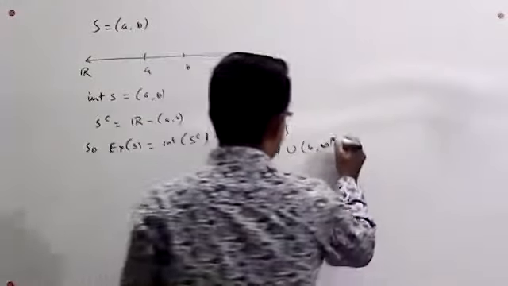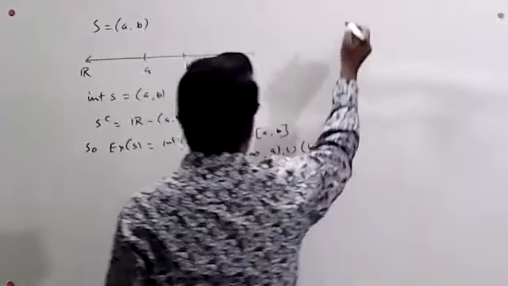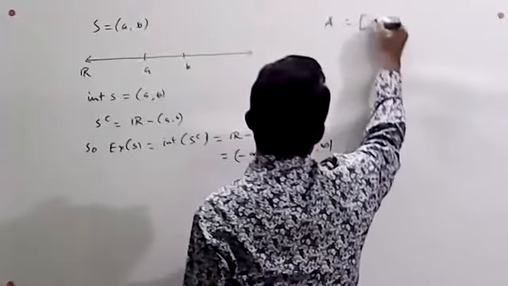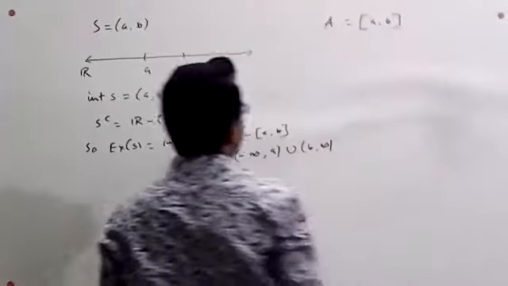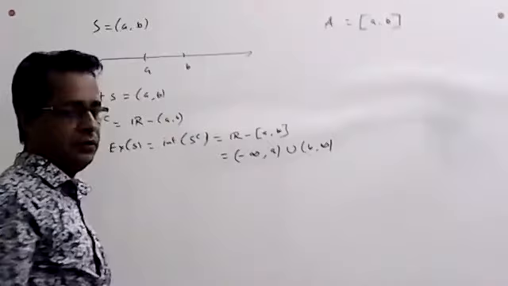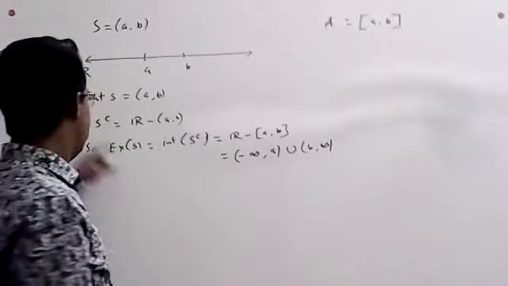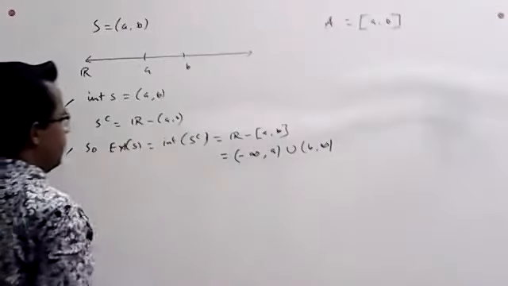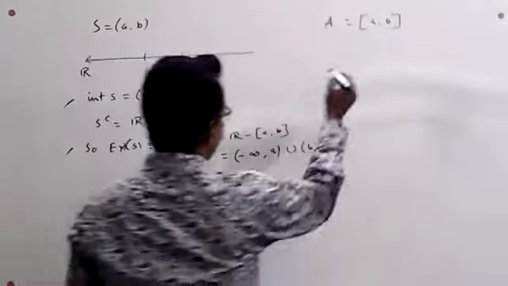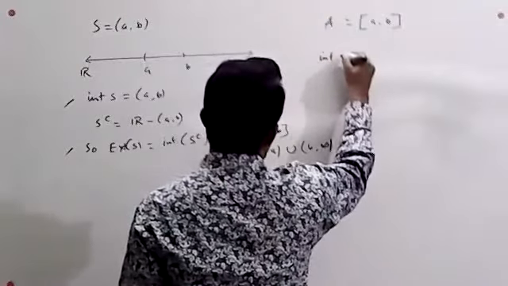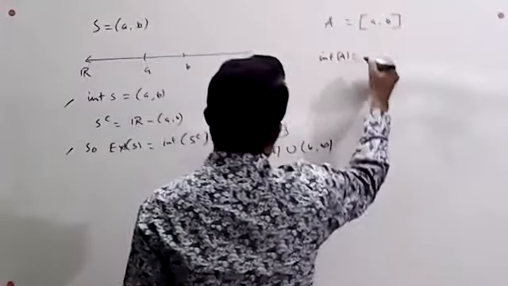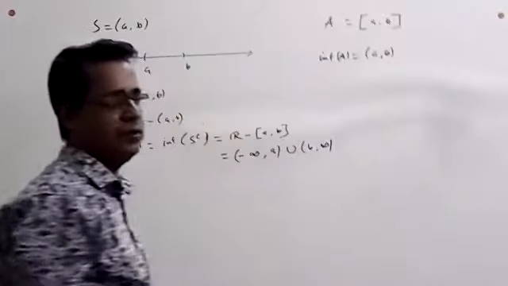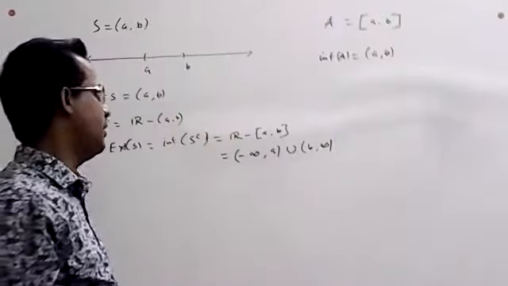Again, if we take another set A which is a closed interval AB, and we would like to find out the interior and exterior of it, then we see what will happen. Here, interior of A equals an open set which is A to B. We know that the interior of a set is always an open set.